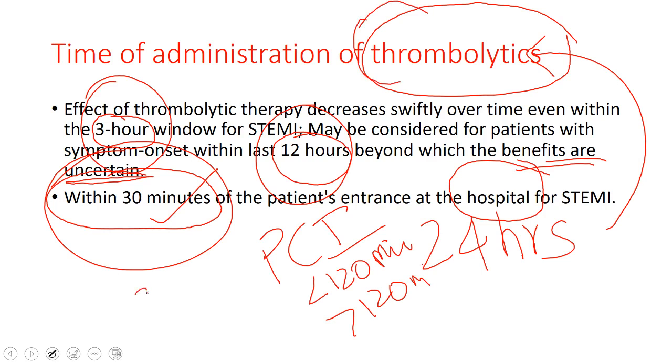In such a case, within 30 minutes of having reached hospital, if you give thrombolytics is best, which also includes within 3 hours of onset of chest pain. Beyond 12 to 24 hours from the onset of chest pain, the benefit of thrombolytics is questionable.